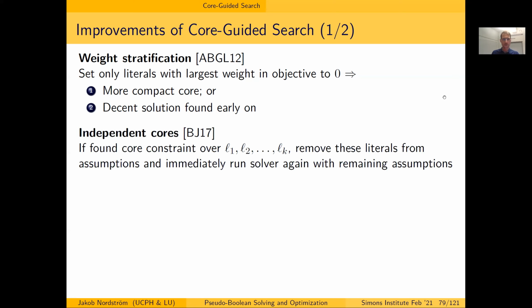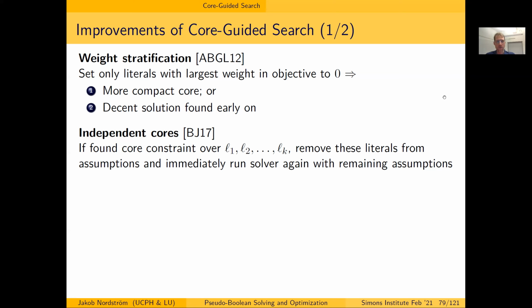Another idea to amortize the work done during the core guided search is this: if we assume all the literals Li from, say, 1 to n to false, and then we learn a core constraint that only involves L1 up to LK, then we know that at least one of these literals has to be true.